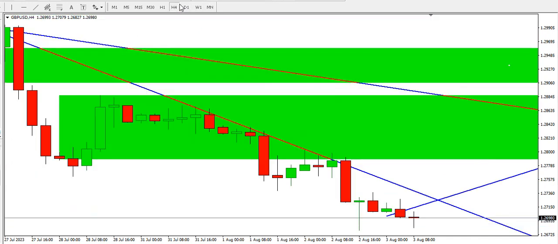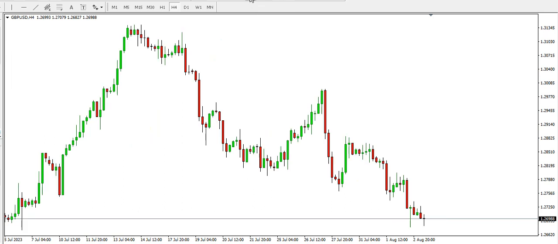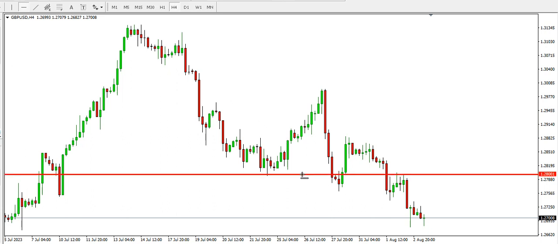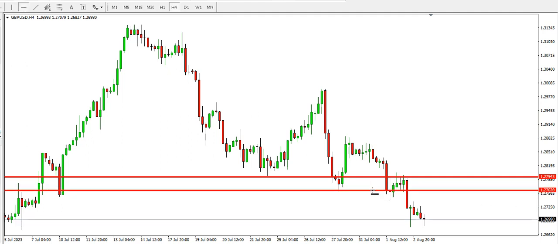But on the 4-hour time frame, the price of GBPUSD is bearish, in the sense that we have this order block that's been broken around here. Price created another structure, and we have this structure broken around here.